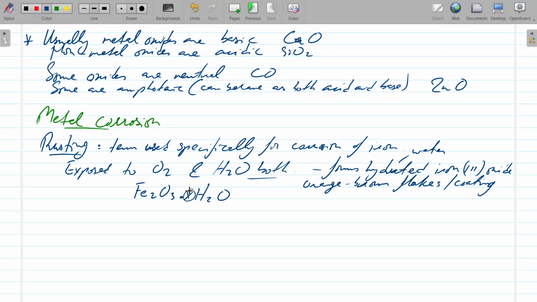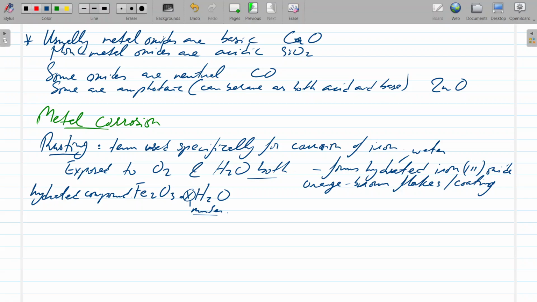X could be a number, how much water is present in this hydrated compound.